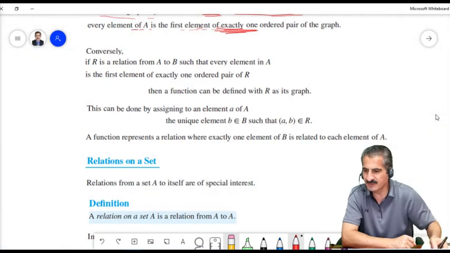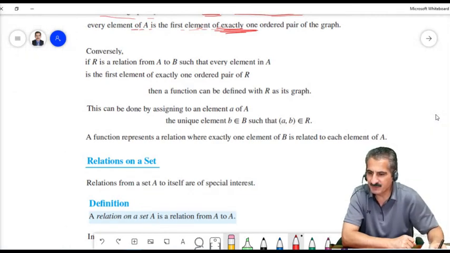Now, conversely, if R is a relation from A to B such that every element, so we have a relation from A to B, remember, a relation is a subset of A cross B. So it is a set of ordered pairs.